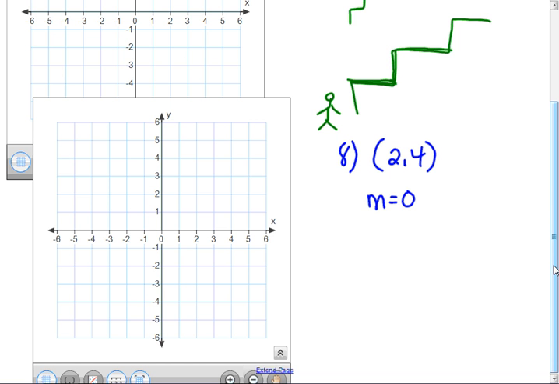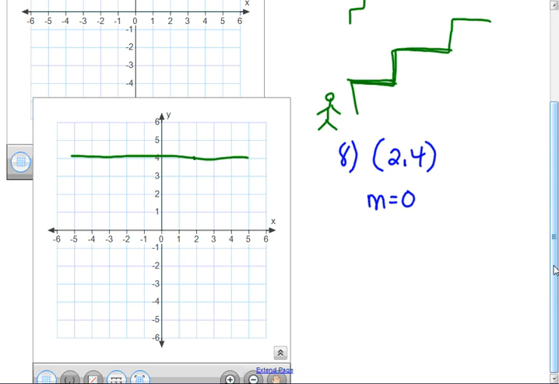Okay, there you go. Oh, you want me to put the arrows up here? Yeah. Is that right? Yeah. 2, 4.